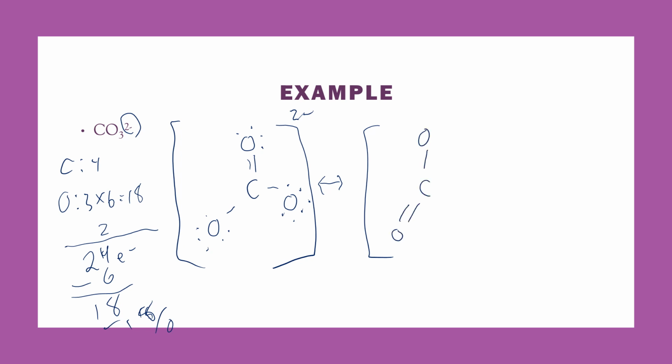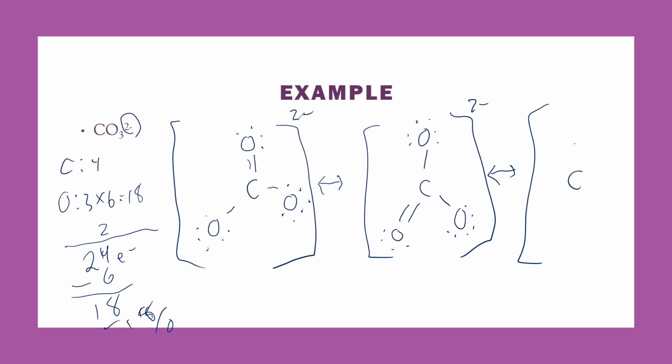And the oxygen with the double bond should only have 2 lone pairs because we want to make sure our octets are still satisfied, like that. But wait, there's one more, because there's one more possible location where you could have put the double bond. And make sure that you fill in the octets appropriately.